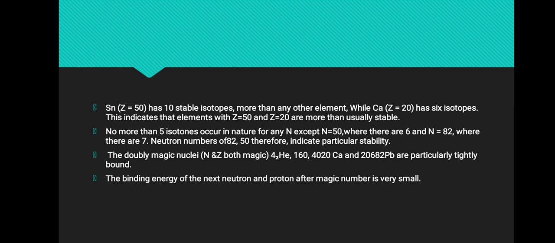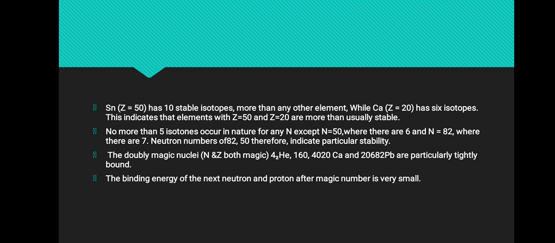Means the isotopes of tin are more, and calcium also has more isotopes than any other element, hence they are more stable. No more than 5 isotopes occur in nature for any N, except N where there are 7. Neutron numbers of 80 to 50 indicate particular stability.